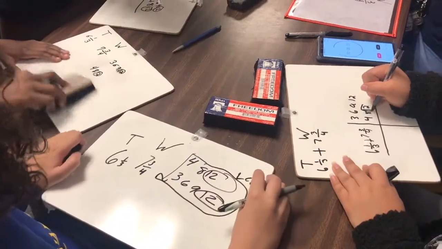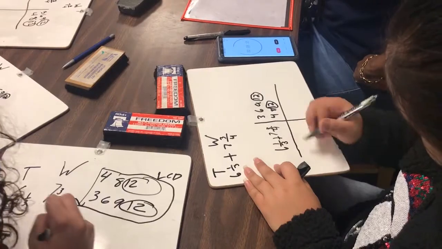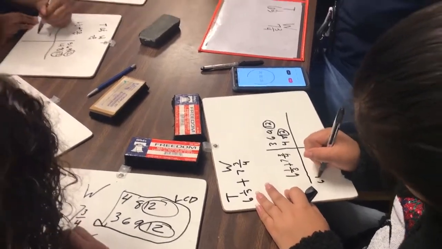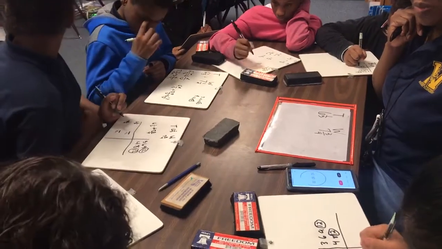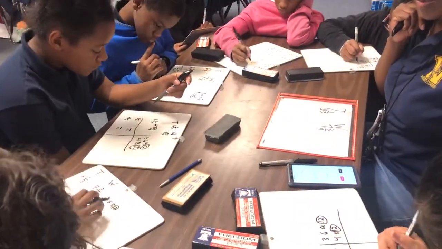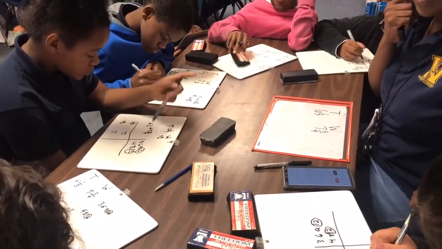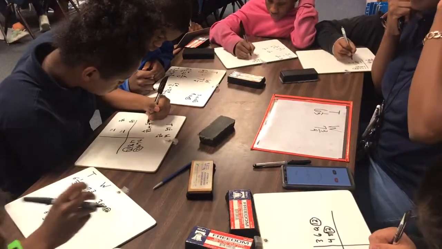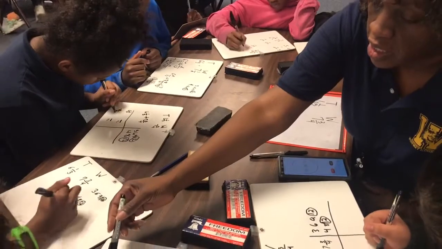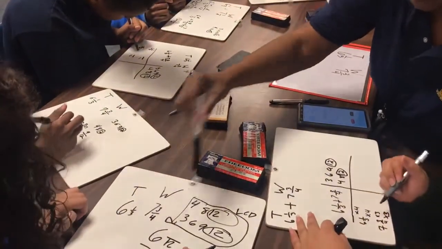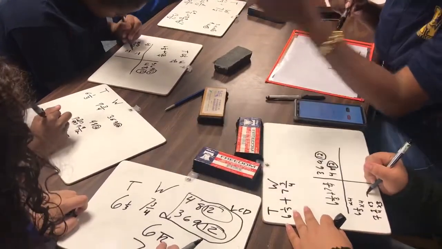Okay, don't forget your whole number. You can do it like this. Are you going to rewrite that, because we need to see some kind of way that we're going from 1/3 to 12ths.